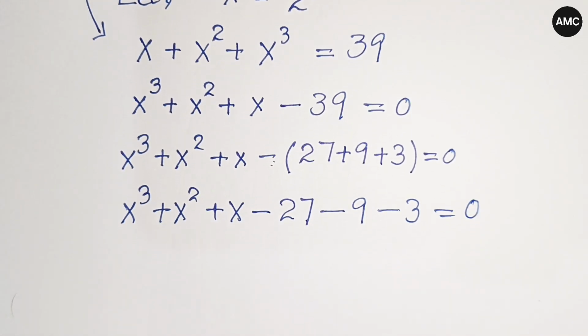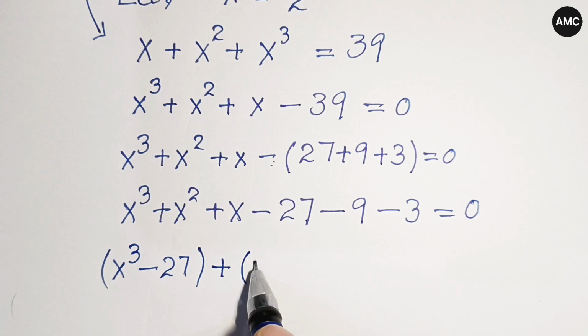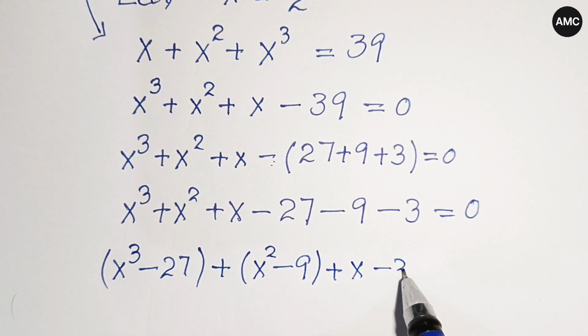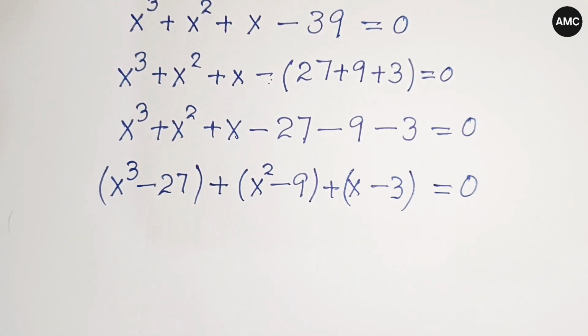Now we have to make pairs here. If we write x cubed with minus 27, then it is our first pair. Here plus x squared, writing this minus 9 here, and similarly plus x minus 3. Here we have actually 3 pairs and this is equal to 0.